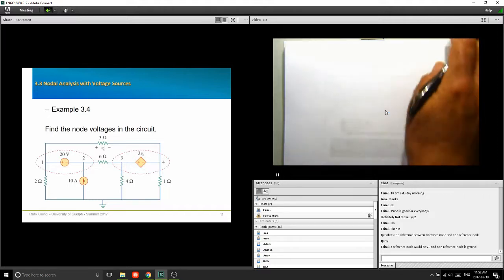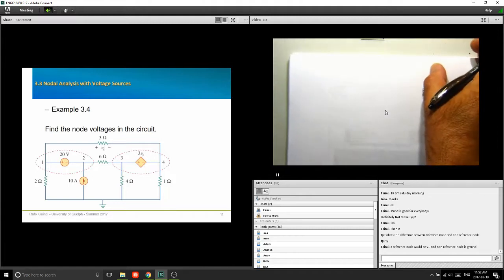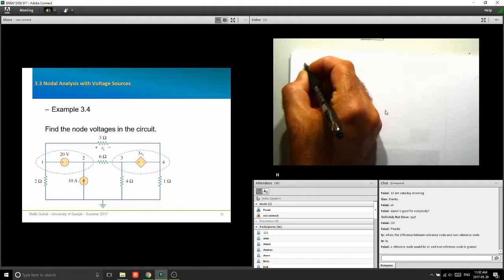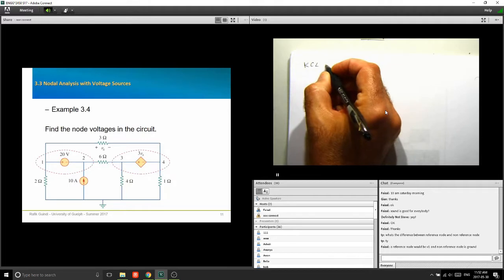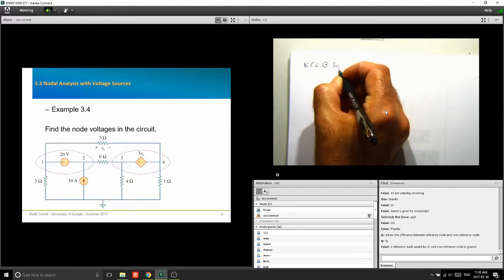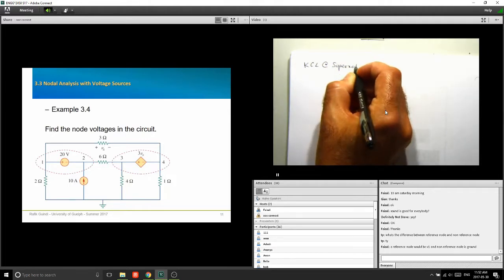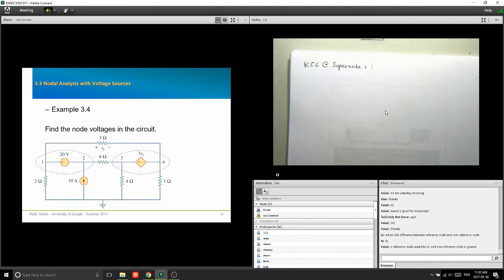Okay, I'm not going to redraw the circuit. I just want to write first KCL around supernode 1. Okay, so if you look at supernode 1, I may make some marks here.